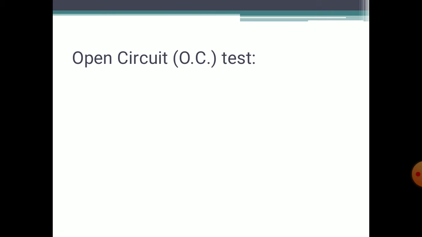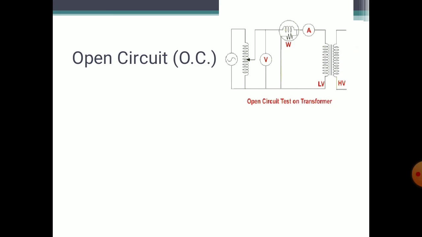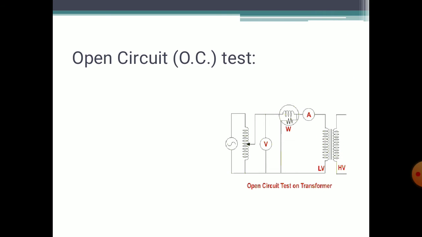Now let us discuss the open circuit test, or in other words the OC test. The figure shows the circuit arrangement for this test. An ammeter is connected, a voltmeter is also connected, and a wattmeter is connected.